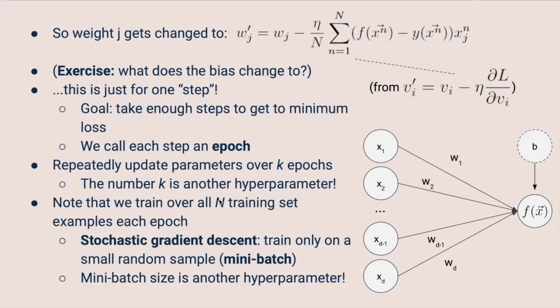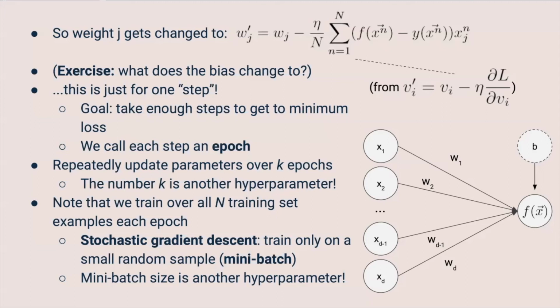Another thing to note is that in this formulation, we captured all our data points in the loss function, right? So this is over all n data points. But if we have a very large data set, then this might not be very efficient, right? It might take a very long time to train over a data set of millions of points.